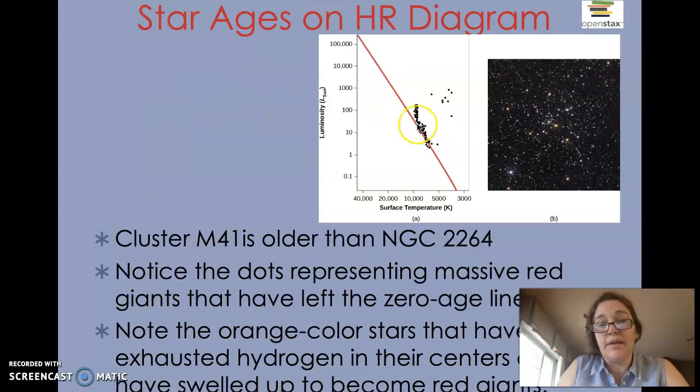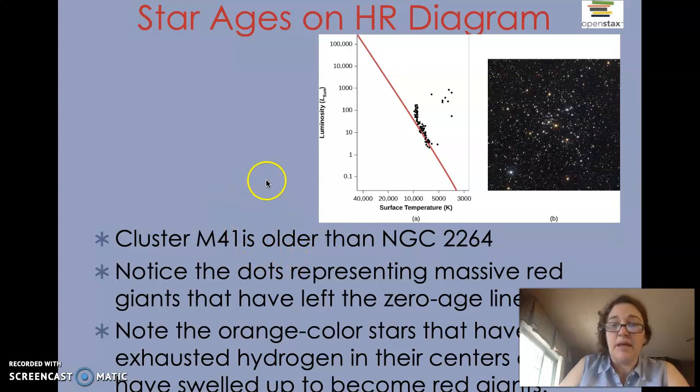So here we have cluster M41, much older than the cluster that we just looked at, and so we have stars that have moved up here into the red giant region, and you can see that right here the cluster, it's called, turns off the main sequence.